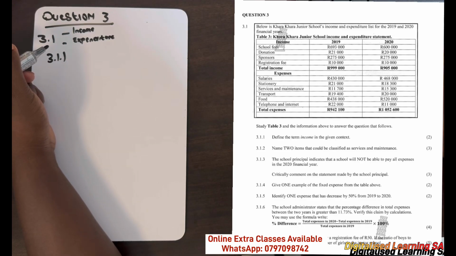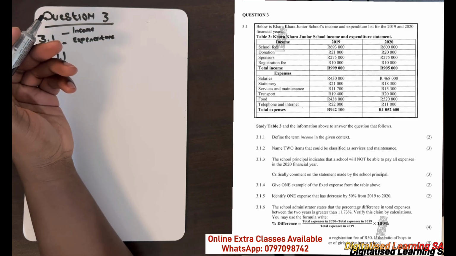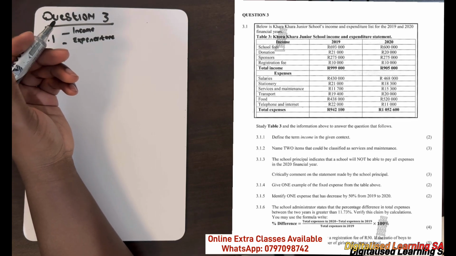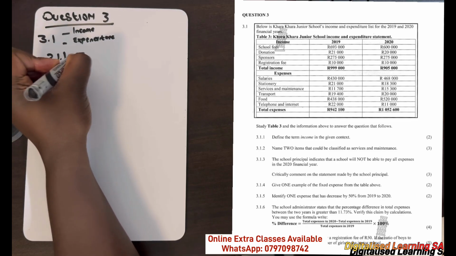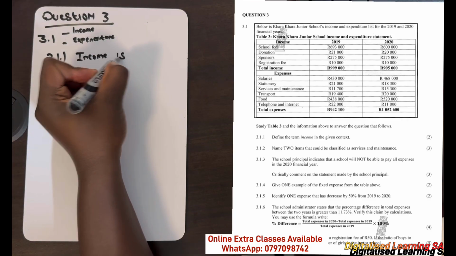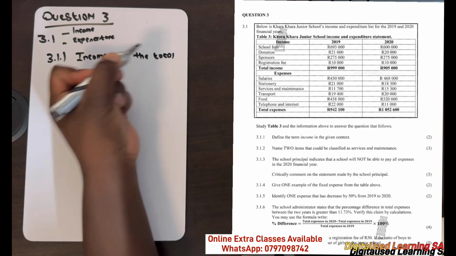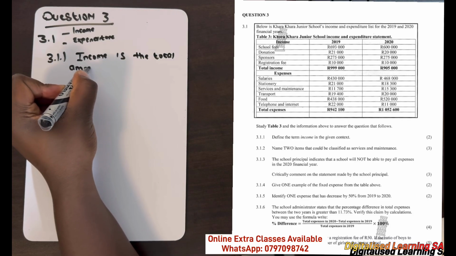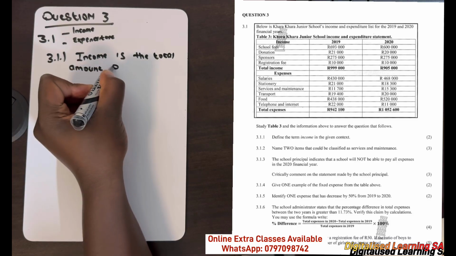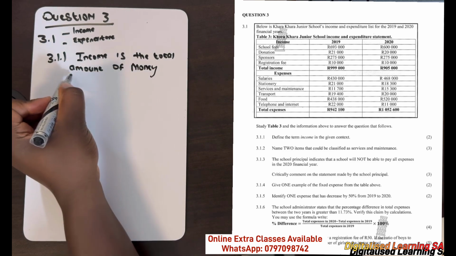So question 3.1.1 says that define the term income in the given context. So this should be easy to answer. So we know that income is the total amount of money that is received.